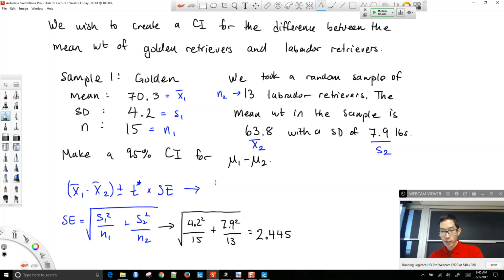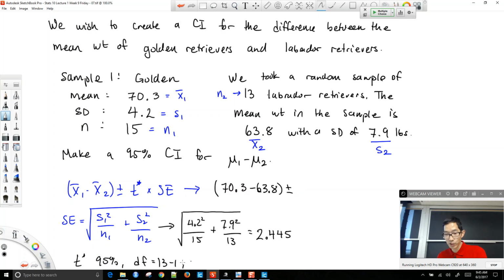Okay, so I do 70.3 minus 63.8 plus or minus t star. Oh, t star, we've got to go to the t table. What is my t star? 95% confidence. How many degrees of freedom do I have? 12, right? 13 minus 1. I use the smaller between 13 and 15.